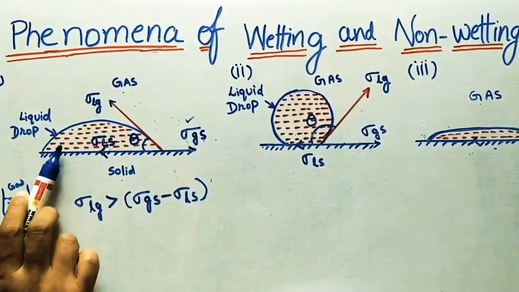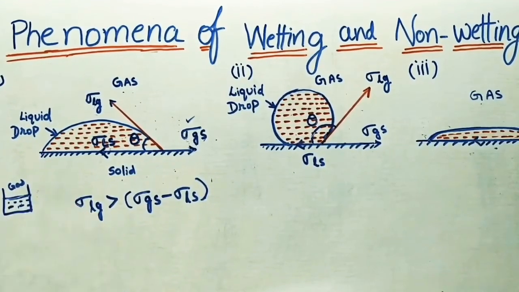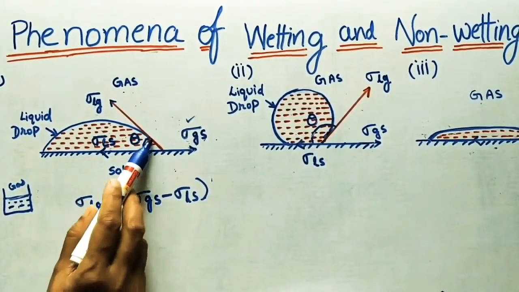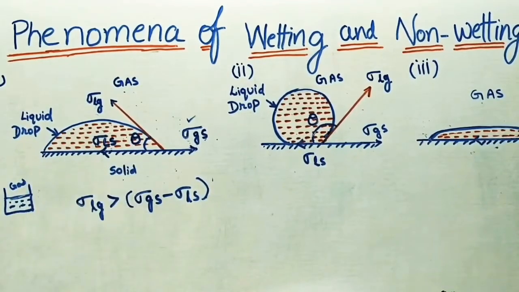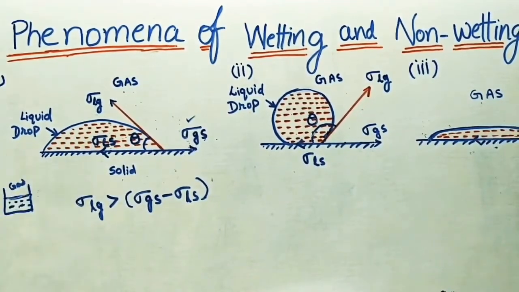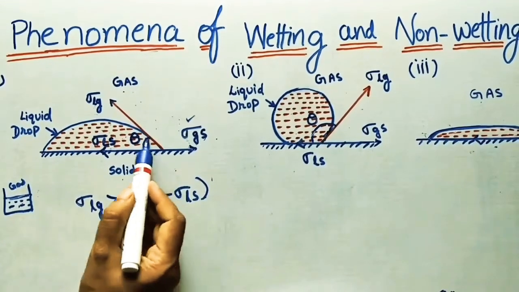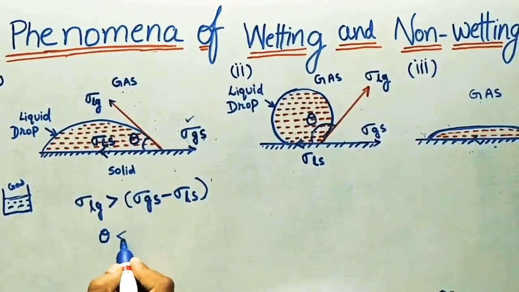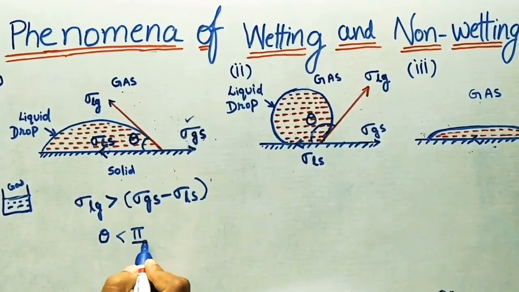If it is in equilibrium, it will stay at the same position, a constant position. At that time it will wet the surface. If it will not stay, it will not wet the surface. Now at this condition it will wet the surface. What about the angle? Is it less than 90? By seeing this we can say it is less than 90 degrees, pi by 2.